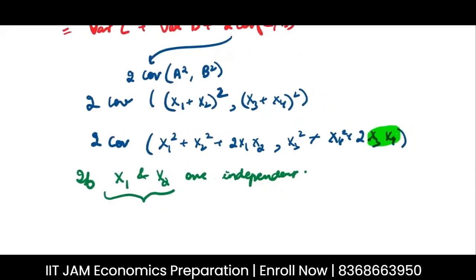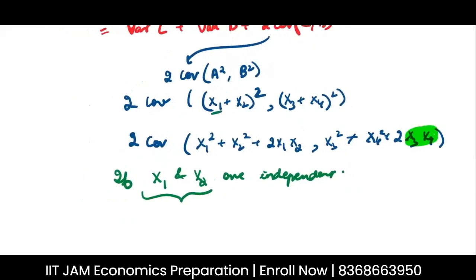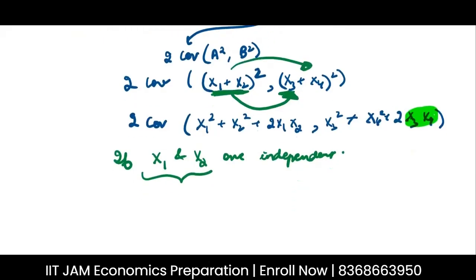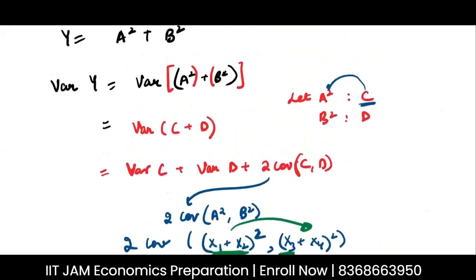When I'm saying that X1 is independent with X3, and X2 is independent with X3, then X1 plus X2 will also be independent with X3, and also independent with X4 if they're individually independent. So this entire covariance will come out to be 0.